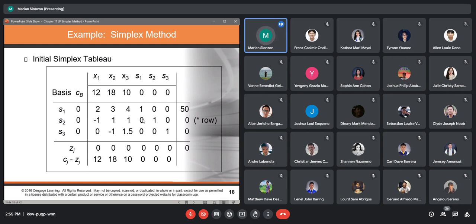Multiply by 3, subtract from 1, this is 1. Multiply by 3, subtract from 0, this becomes negative 1. Negative 3. Multiply by 3, subtract from that, it becomes 0. And multiply this by 3, subtract from 0, 0, di ba? Subtract from 50, 50 minus 0 is still 50.